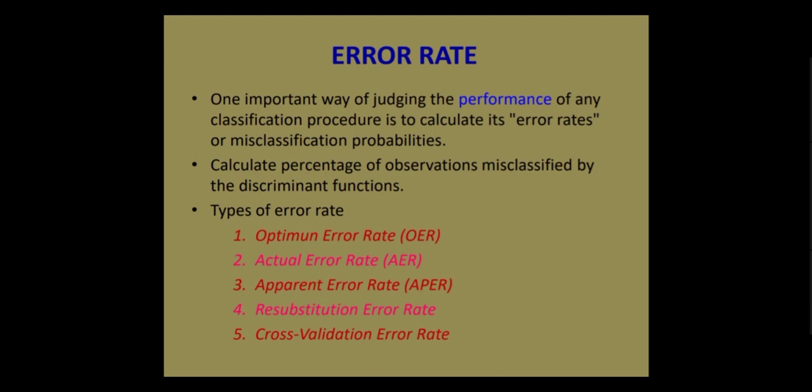So what is error rate? Error rate is one important way of judging the performance of any classification procedure. To calculate its error rate, also called misclassification probabilities, we will calculate the error rate to evaluate the performance of the classification procedure, and from that we can decide whether our classification function that we built before this is valid or not to use for other data.